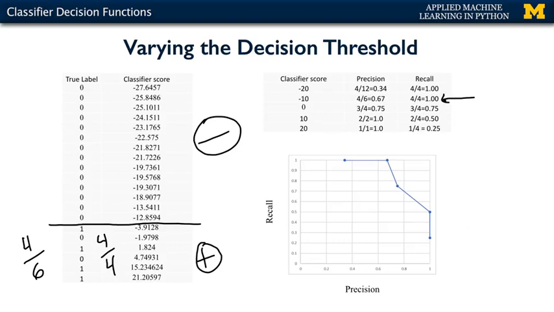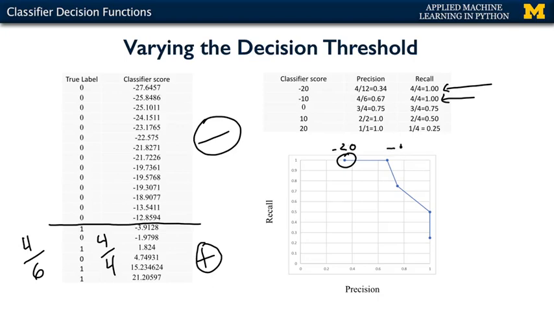And then as we're computing these different precisions and recalls for different thresholds, we can also plot them on this precision-recall chart. So the first pair of precision and recall numbers that I got, 0.34 and 1.0, for the threshold of -20, we can plot on this point in precision-recall space.